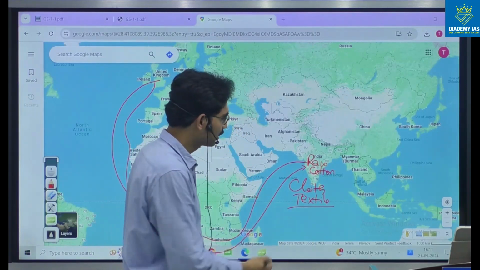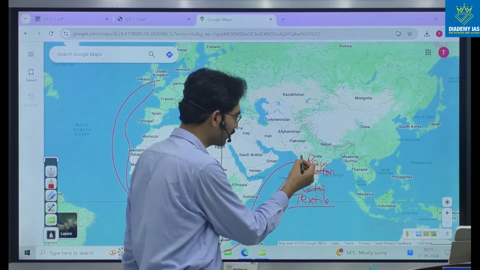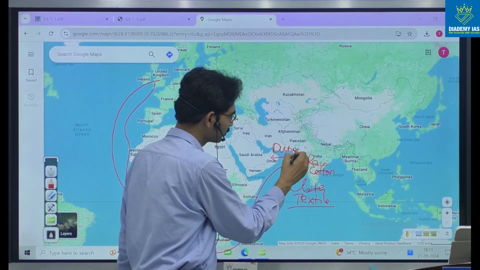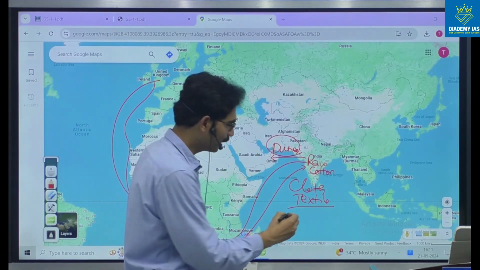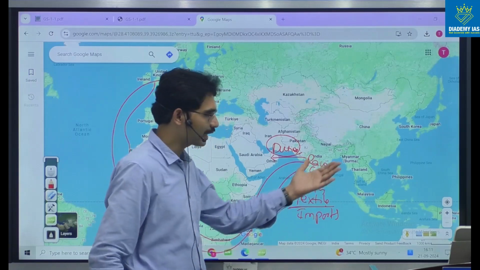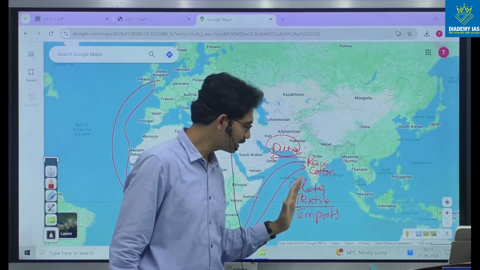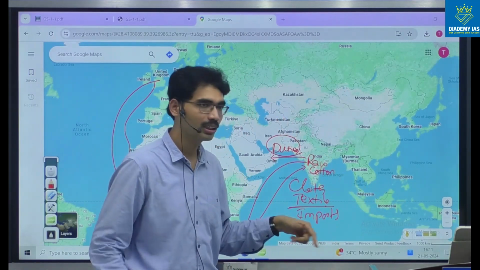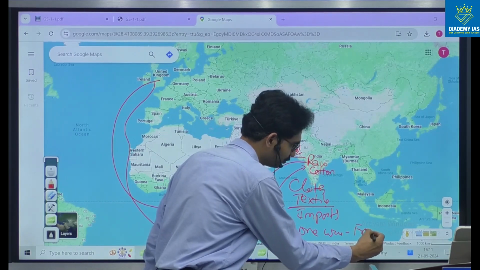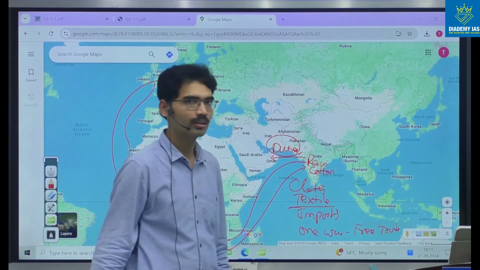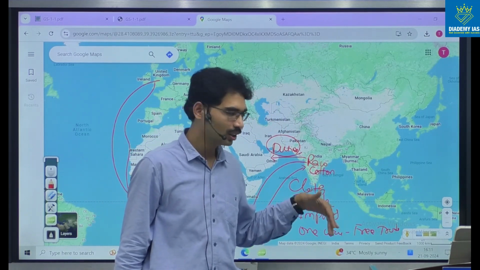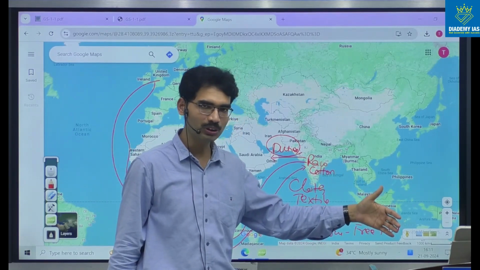If Indian manufacturers have to export textiles, they will impose duties on Indian products. But when it comes to their imports, Indian exports will attract duties, whereas imports into India will be one-way free trade. That means British textiles will come to India without attracting much import duty.